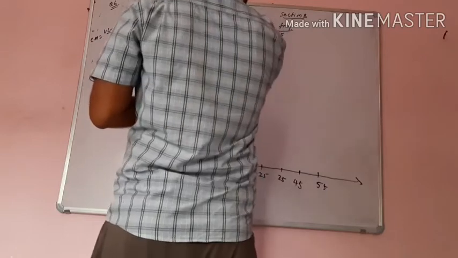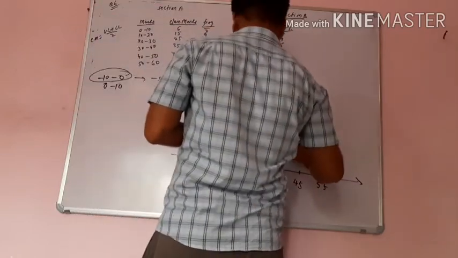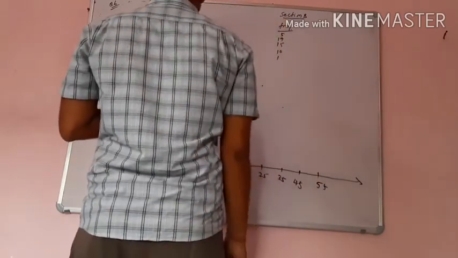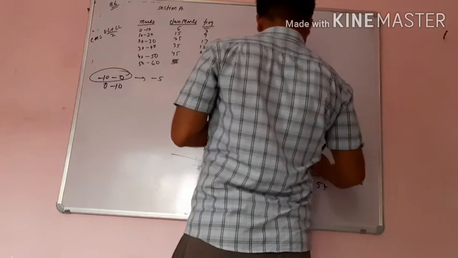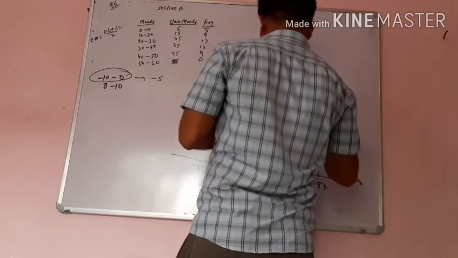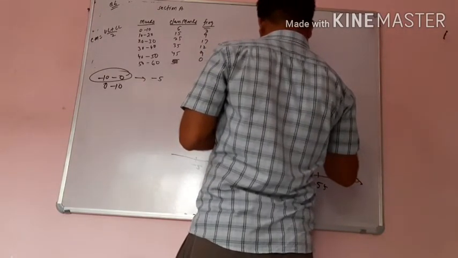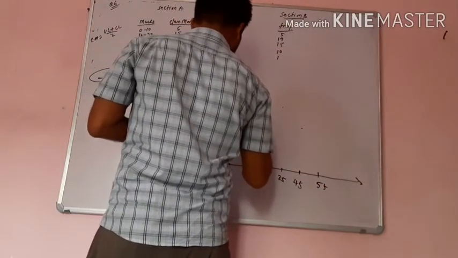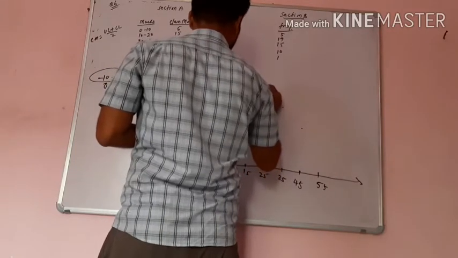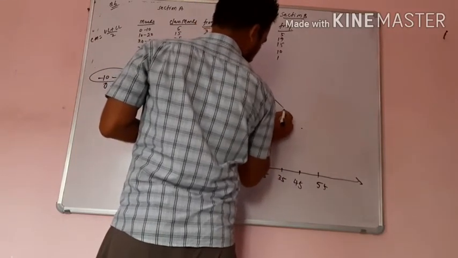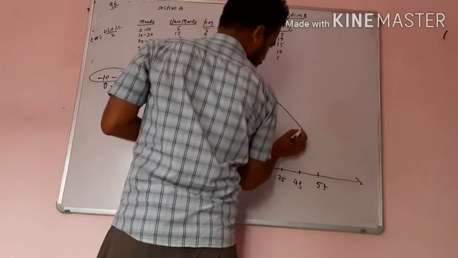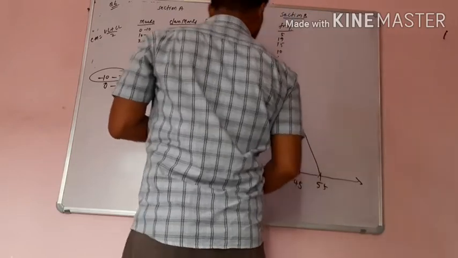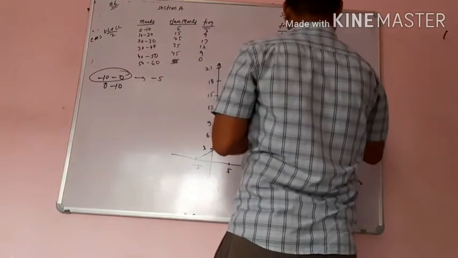At 35 the frequency is 12. At 45 it is 9. Now join all the dots. At 55 it is 0. This is for section A.